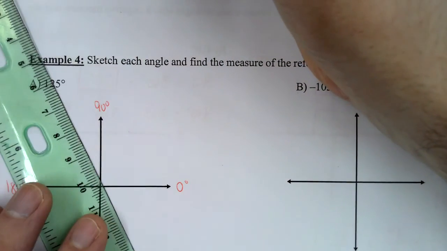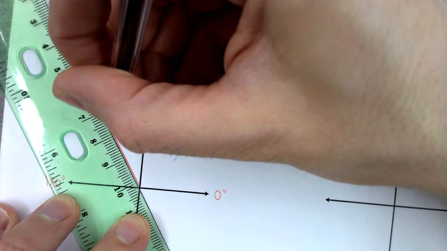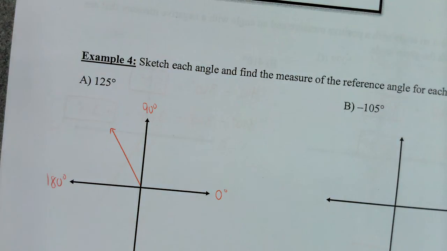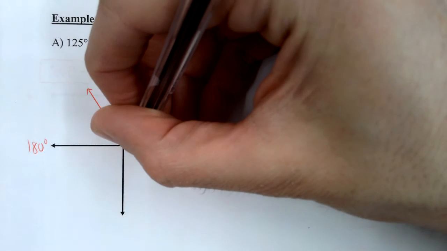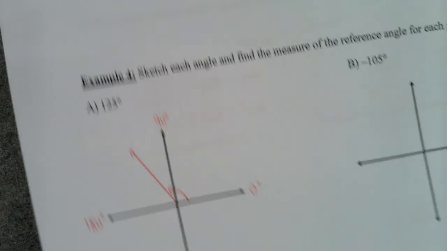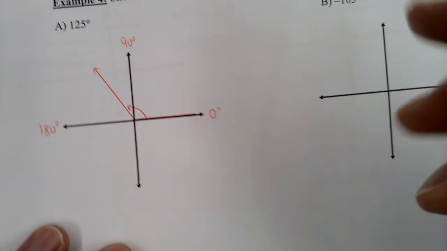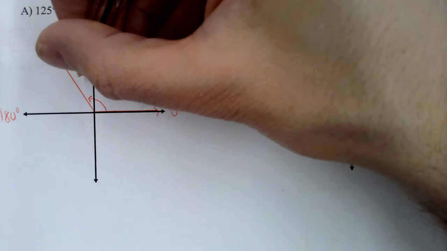So I'll draw it like this. Maybe like that. So that's the angle right there. So this part right here is going to be 35 degrees.